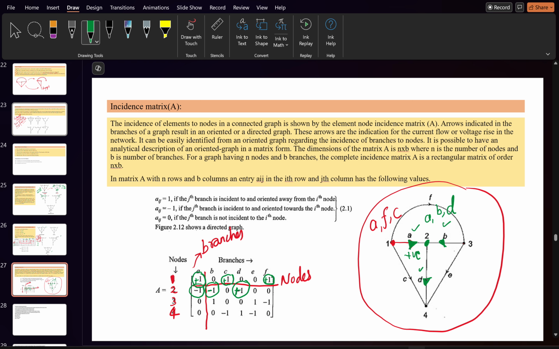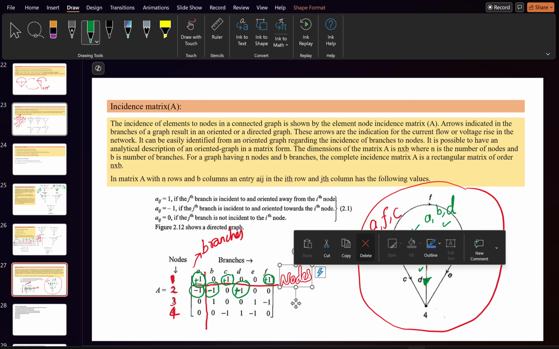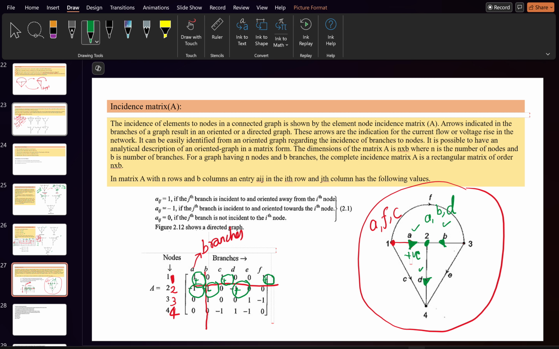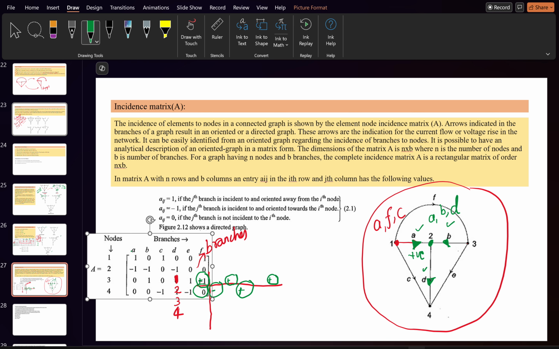And also an important point in this kind of formation of the incidence matrix: if you sum up the columns, it will always come out to be zero.